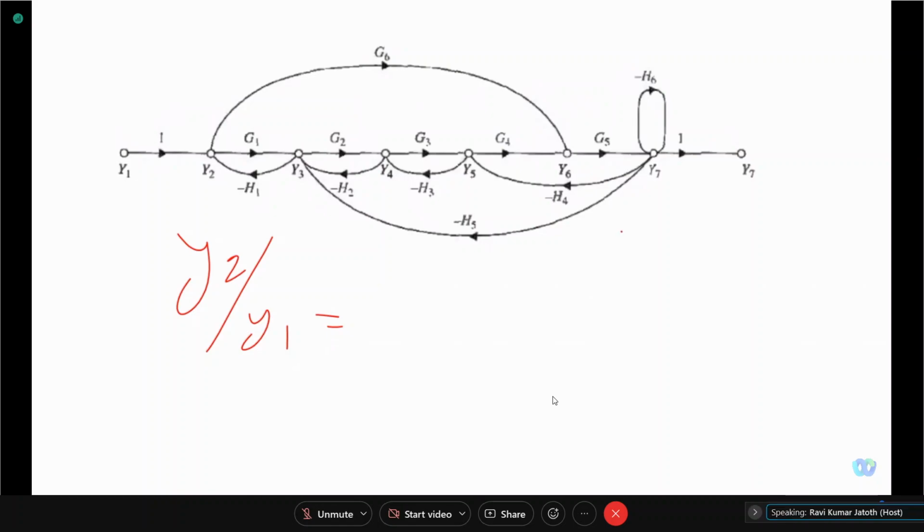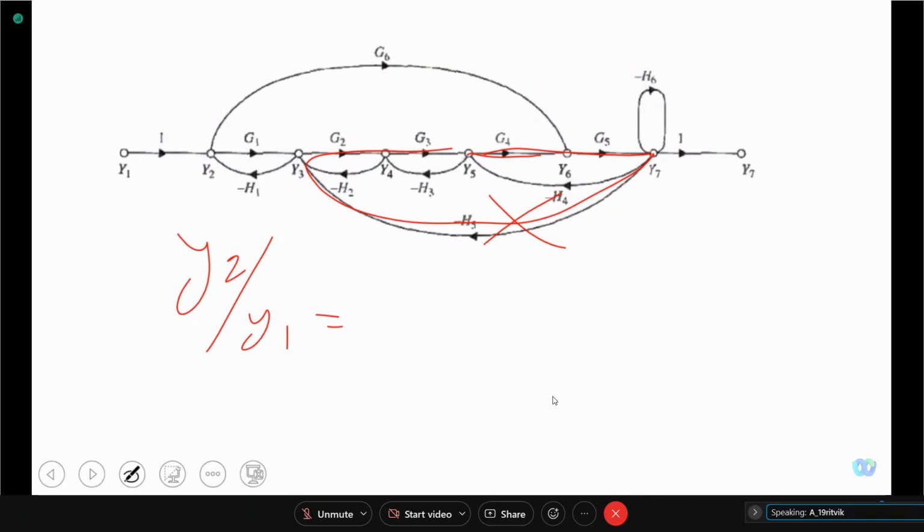Now tell me, Y5, Y6, Y7, Y3, Y4, Y5. It's not a loop. You should not come from the back. When you consider that particular node, this is not an individual loop. So at Y5, Y6, Y7, and Y5, only one loop.